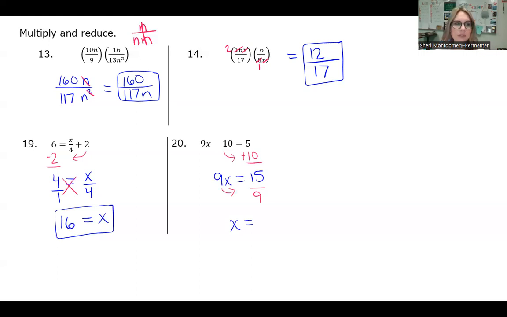Yes, it can reduce because both of them can divide by 3. So you can divide by 3 and divide by 3. 15 divided by 3 is 5. 9 divided by 3 is 3.